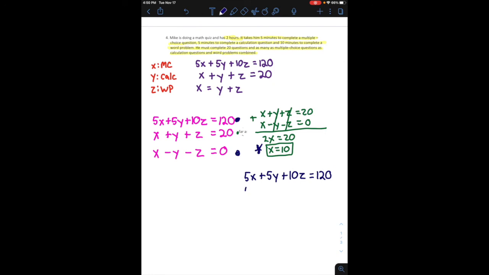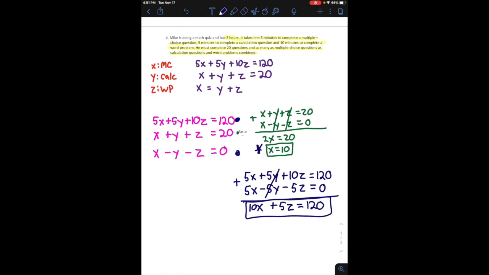So we're going to get 5x minus 5y minus 5z equals 0. I'm going to go ahead and add to get 10x. The y's will cancel out, plus 5z equals 120.